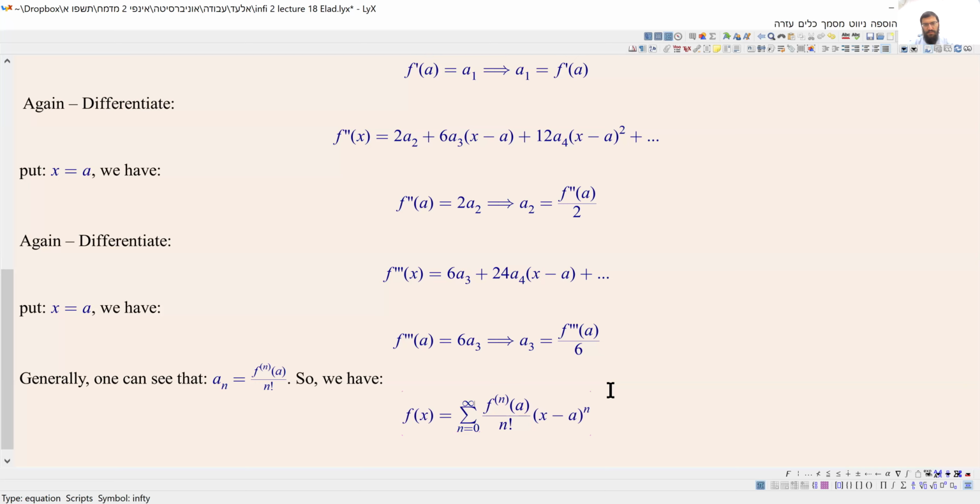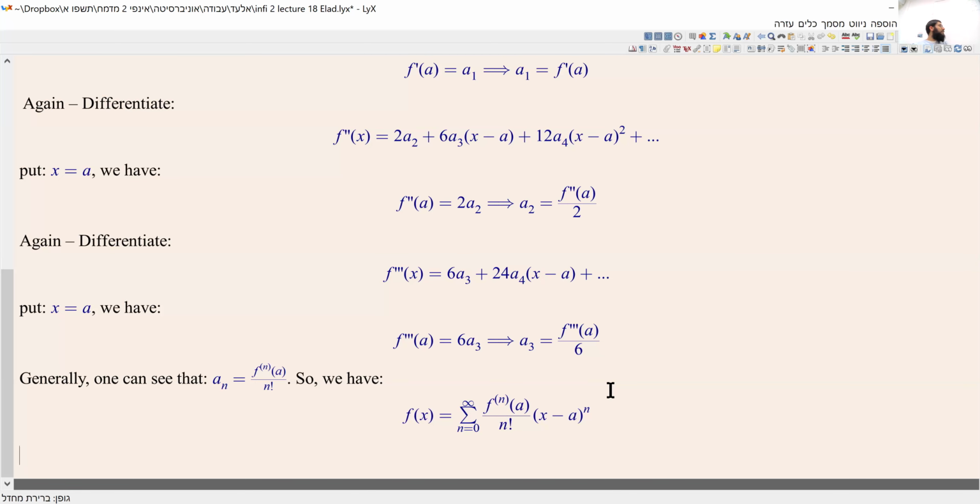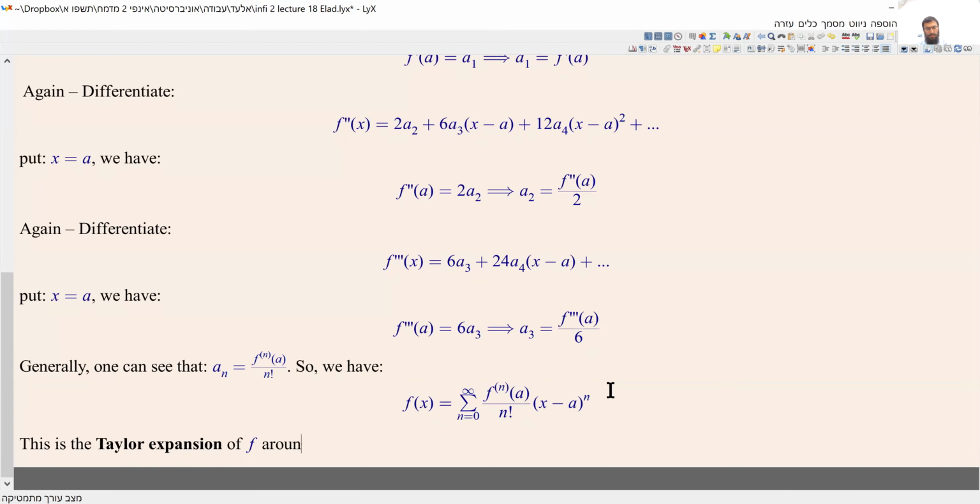Now we call this expansion of a function as a power series the Taylor expansion or Taylor series. This is the Taylor expansion of f around a.